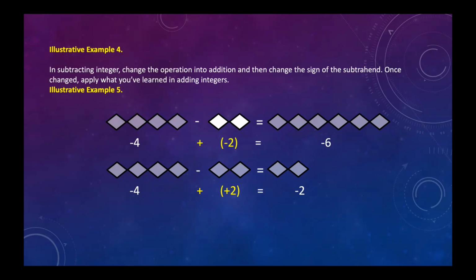So following the rule on illustrative example number 3, negative plus positive is equals to, you need to subtract 4 and 2. So magiging number 2 siya. Plus, you follow the sign of the first number. So negative 4 plus positive 2 is equals to negative 2.